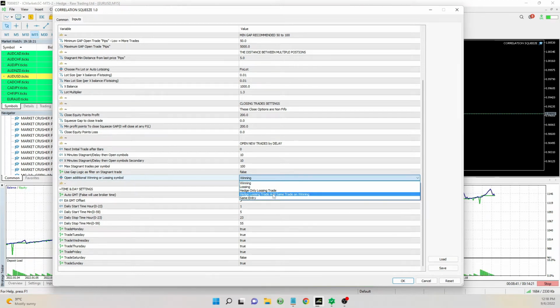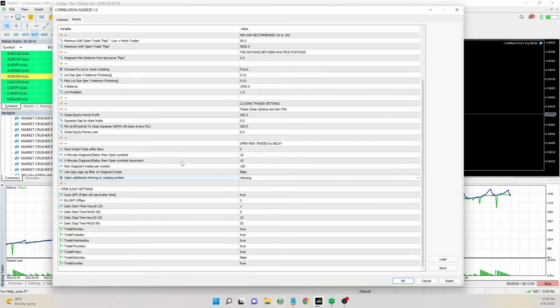We have hedge losing trade, add same trade on winning. In other words, it's going to open up buys and sells on both symbols, whether it's winning or losing. That works very well too. I'm just not using that. I'm just using a very straightforward logic, winning. In other words, if the symbol is winning, we add to the position until it overtakes the losing symbol. Okay. I hope you grasped that.